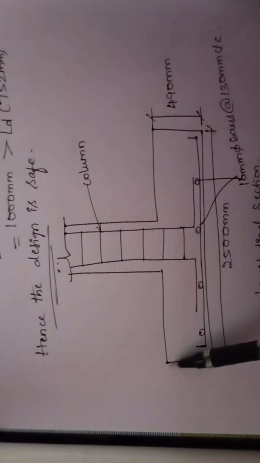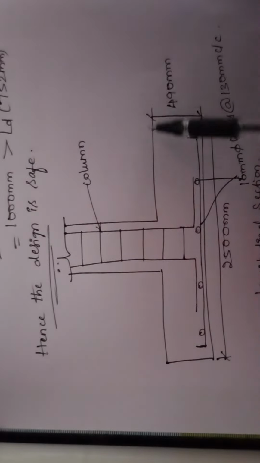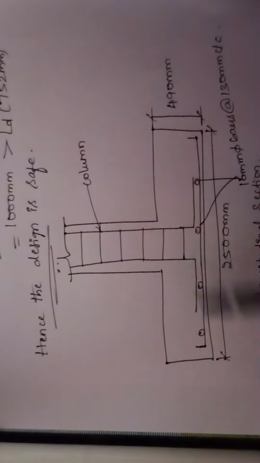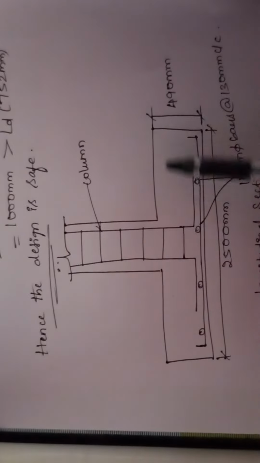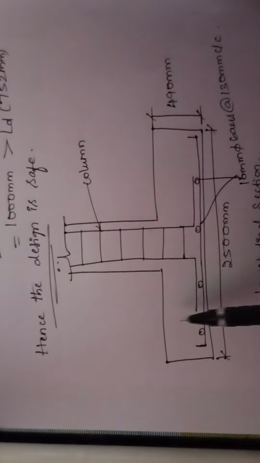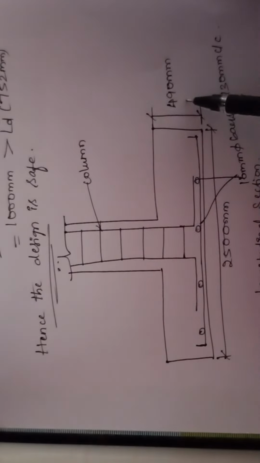Then draw one more horizontal line at the edges, and drop two vertical lines from those two points. This portion of our drawing represents the footing depth, so this is our overall depth of the footing.